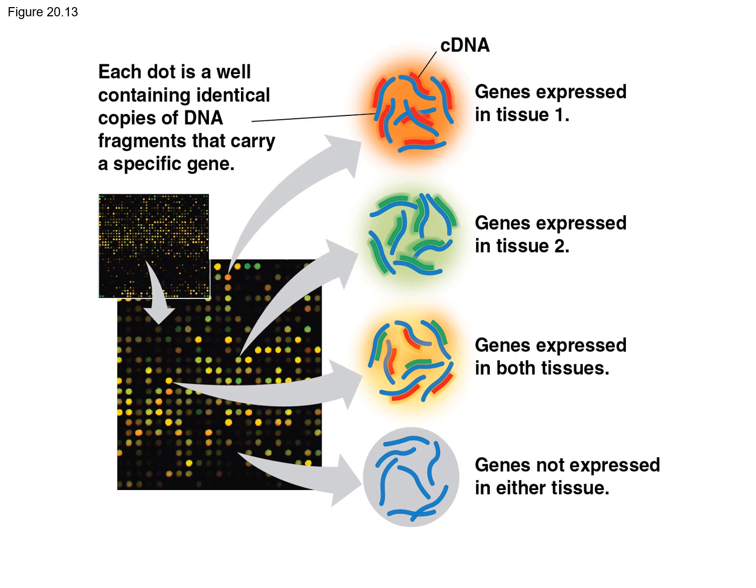And then if you see genes expressed in one but not the other, you'll see one color. For instance, this dot right here is red because only the gene from tissue 1 expresses that gene, but tissue 2 doesn't. Whereas if you have a green dot, tissue 2 is expressing it, but tissue 1 isn't.